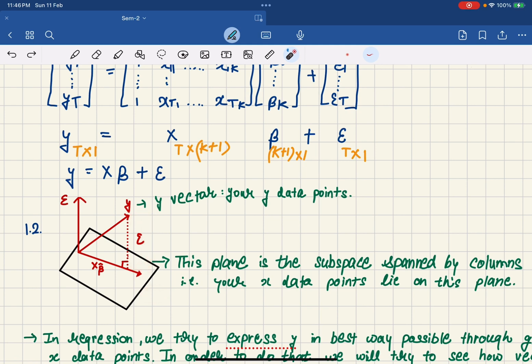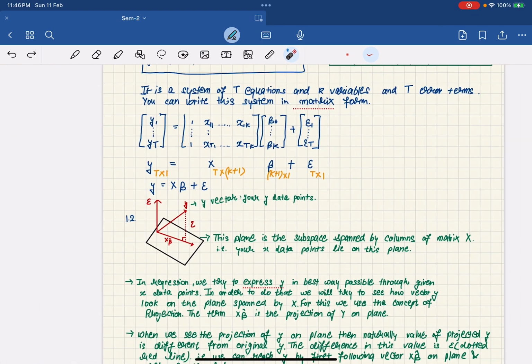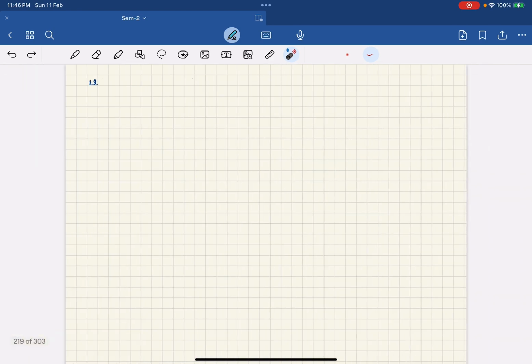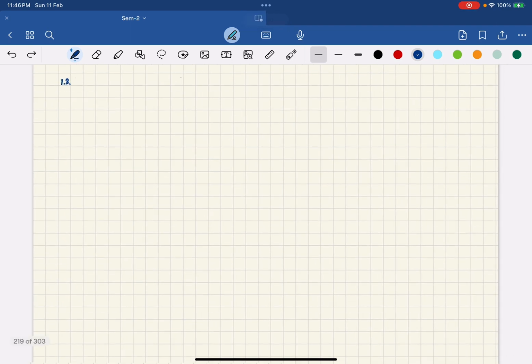Okay, जब हमारा वेक्टर है उसके बीच का जो डिस्टेंस जब हम परपेंडिकुलर मेजर करेंगे 90 डिग्री से मेजर करेंगे, उस केस में आपका मिनिमम डिस्टेंस निकल के आएगा. ठीक है. So we are going to use this concept that the minimum distance is always perpendicular.